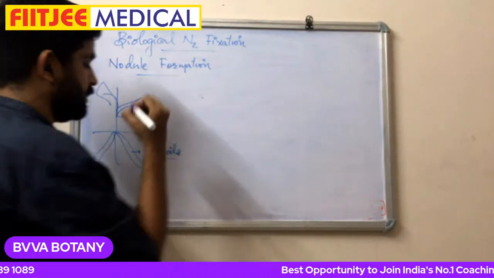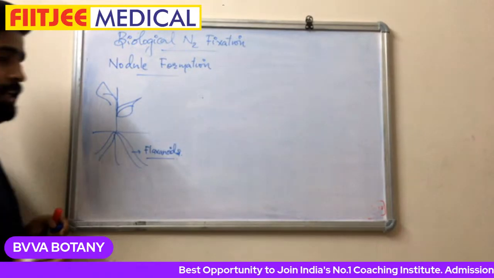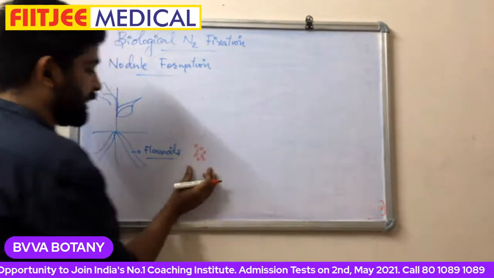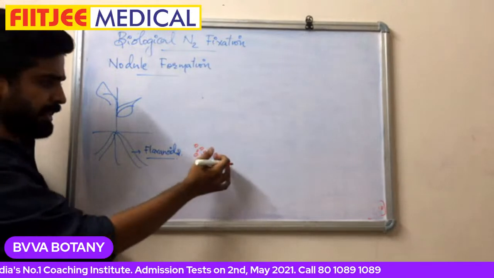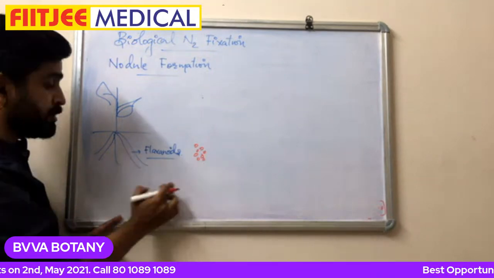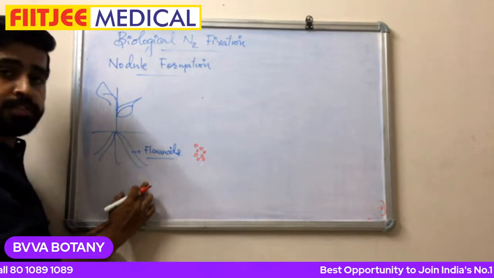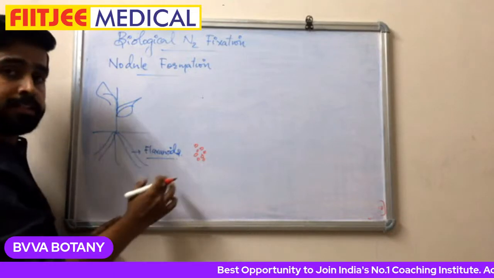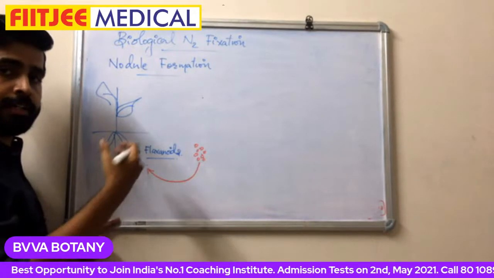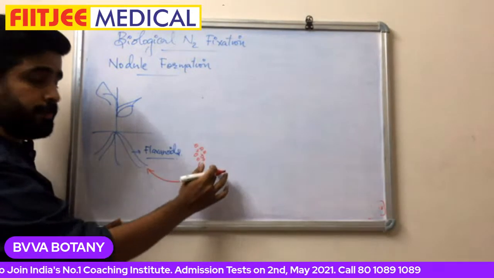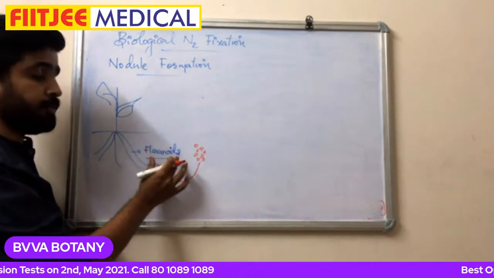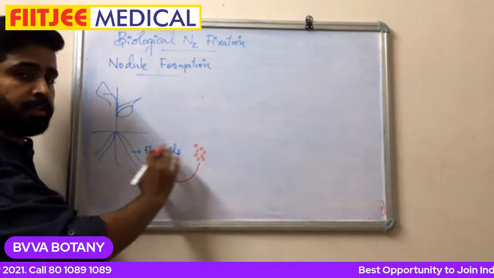Now, in the soil, the Rhizobium will detect some flavonoids, due to which it will move to the region where they are secreted, that is, towards the roots. This is chemotactic movement. So the Rhizobium moves to the region where the flavonoids are released, and flavonoids are released by the leguminous plant during the growth process.